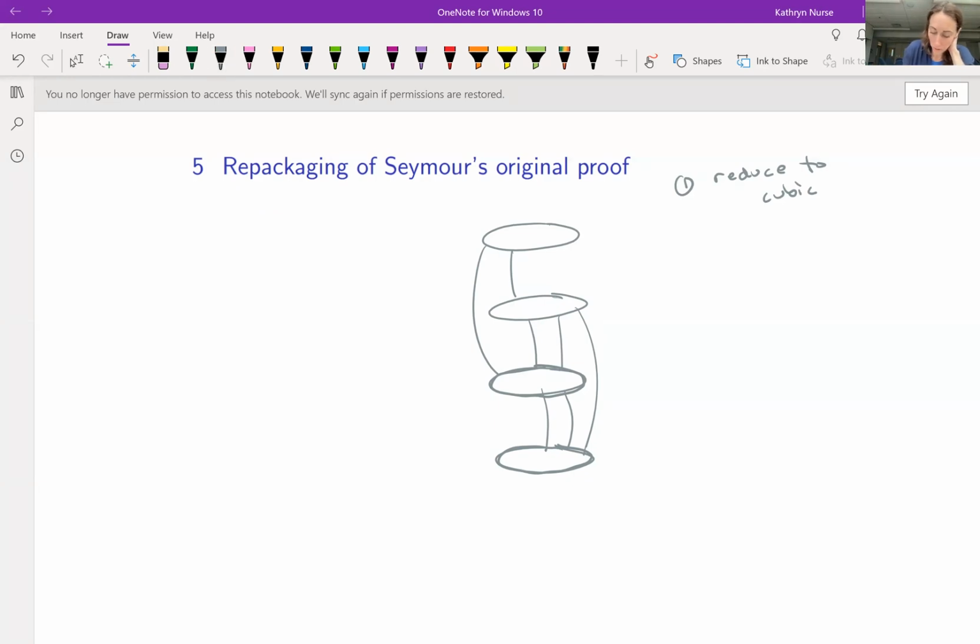I think he also has to reduce to 3 edge connected, and this is a straightforward argument. Once you do both of those things, you actually get 3 vertex connected.